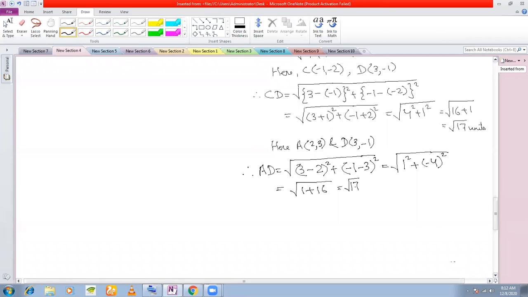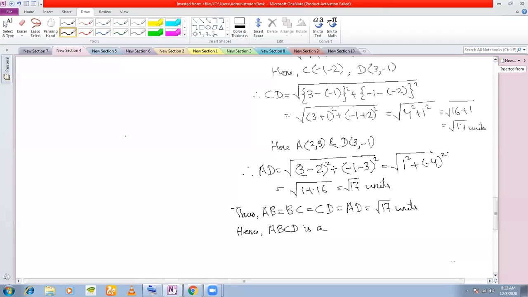Root 17. So all lengths are coming to be root 17. So thus AB is equal to BC is equal to CD is equal to AD is equal to root 17 units. Hence ABCD is a square.